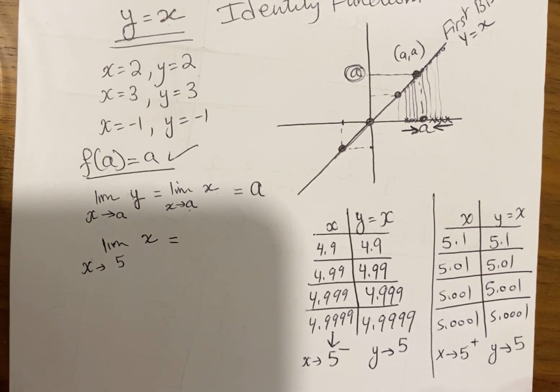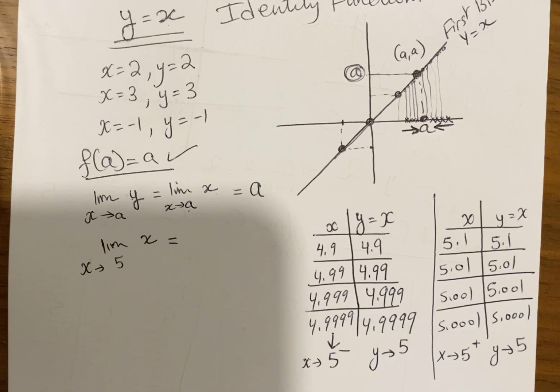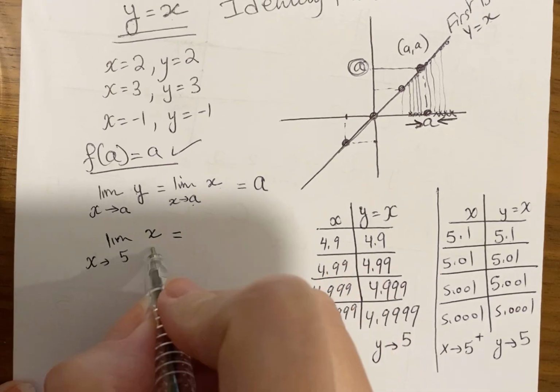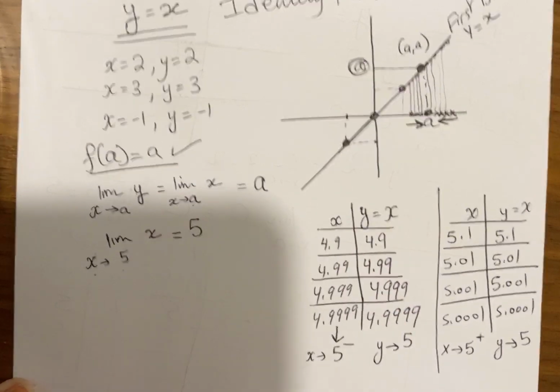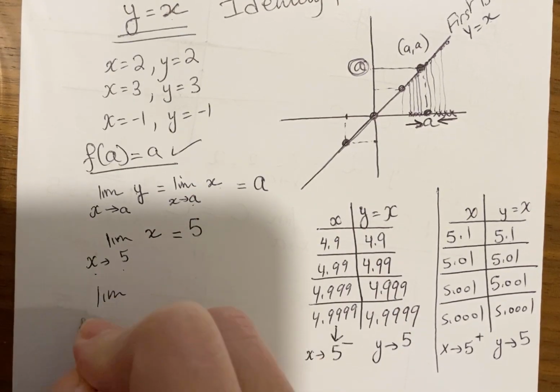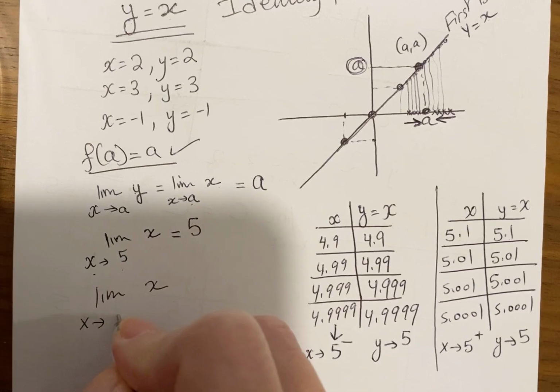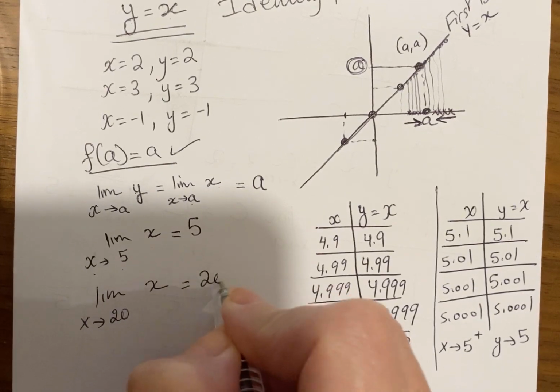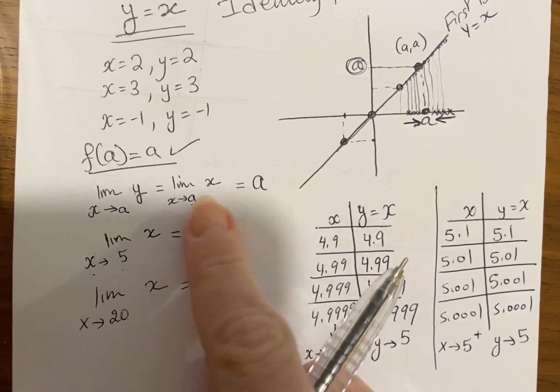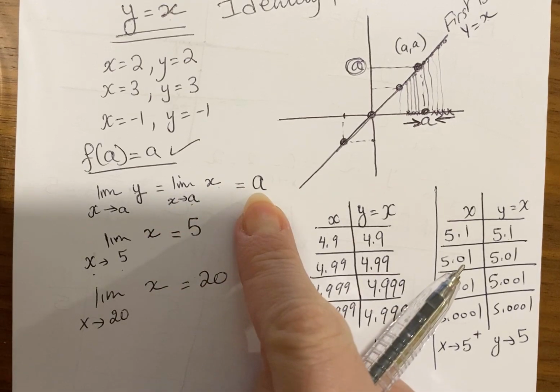Typical, it makes sense. My y behaves exactly like x because the function says y equals x. So if x is approaching 5, then the y values will approach 5 as well. So what's the limit of x as x approaches 5? 5. What's the limit of x as x approaches 20? 20. The limit of x as x approaches a is a.